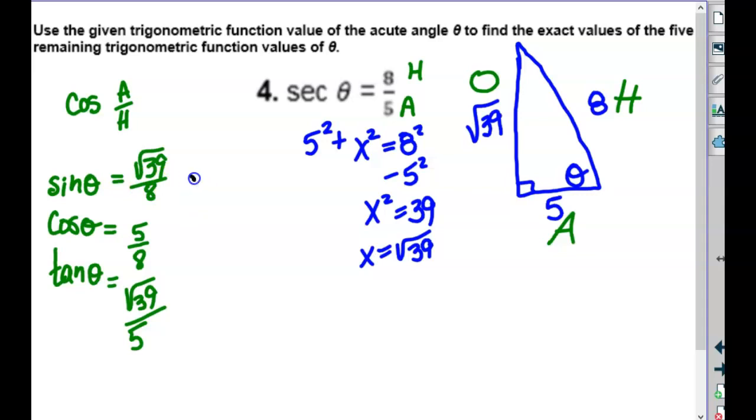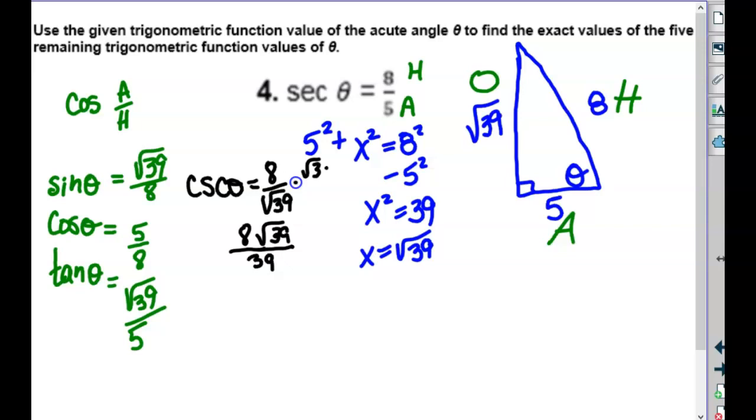If you flip over sine, you'll have cosecant, which would be 8 over square root of 39. How is that going to rationalize? Do I need to show the work for that, or you got it?